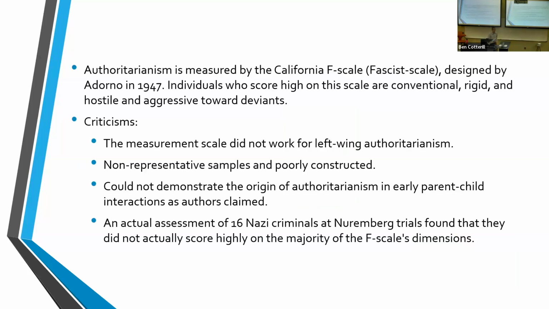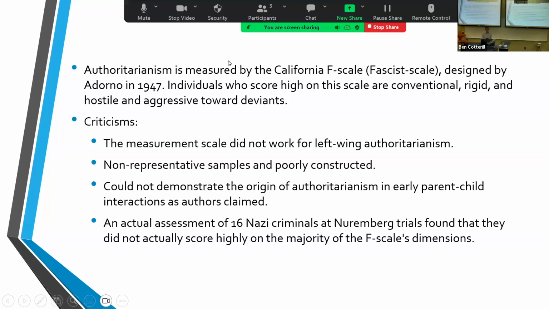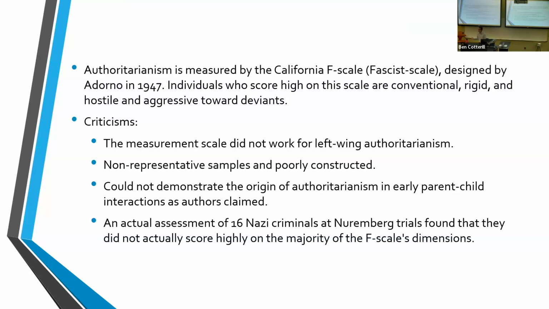Now, the F scale, F for fascism, was designed to measure authoritarianism as outlined by Fromm and Adorno. Adorno came up with this in 1947. The idea here is that those who score highly on this trait are more conventional, more rigid, and more hostile and aggressive towards deviants and minorities also.